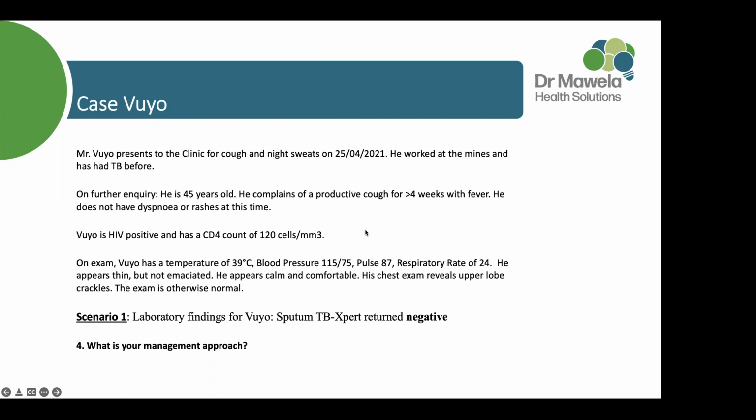So what is your approach at this point in time? How do you manage HIV positive patients who have a negative GeneXpert? What are the options? If your options are different, you can type in the chat box. I'm able to see them, but you can also try what you see there.